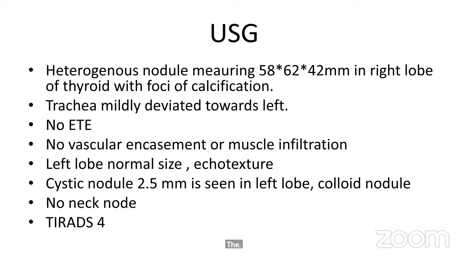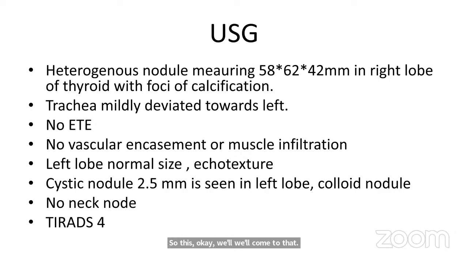So low risk category. No. Specific answer. What is the inherent problem of the TIRADS score? What is the percentage of malignancy for TIRADS 4? Sorry, sir, I don't know that. No. Have you read any white paper on what is the risk? So this, okay, we'll come to that later. So this was the TIRADS score.